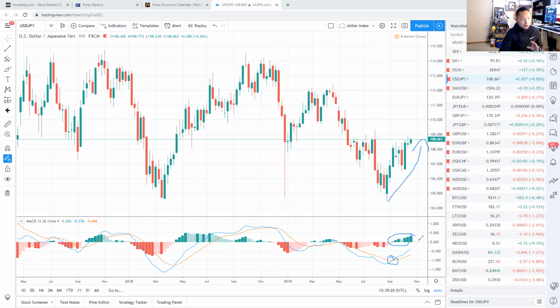But the most important thing is you have to understand that this is a critical resistance point, that 108.7, 108.6 area. Overall, it's been uptrending, and you can clearly see the double bottom formation here with the wick. So it's pretty interesting to see what's being created here.